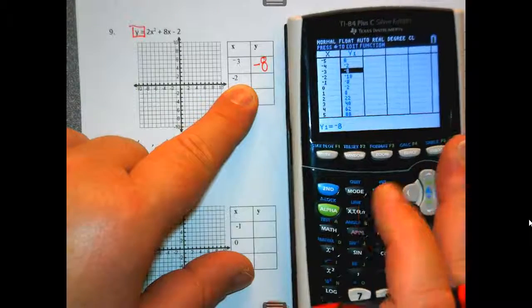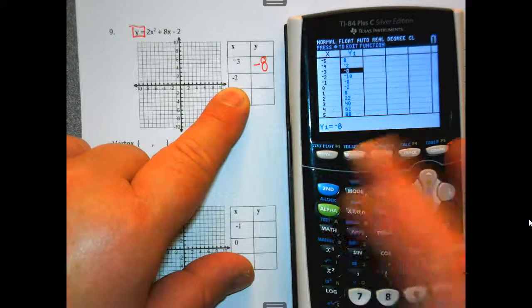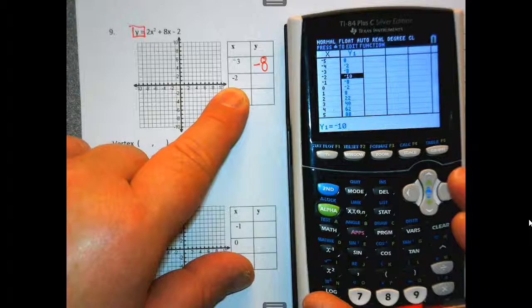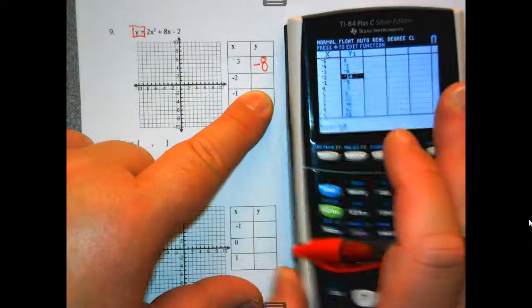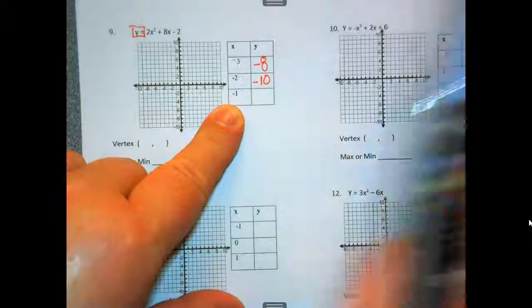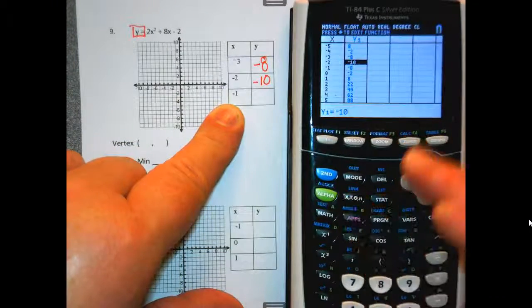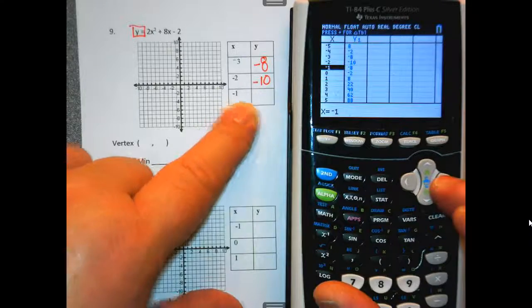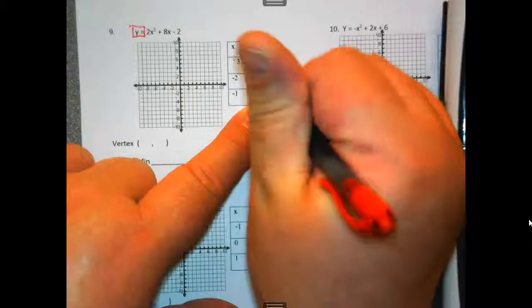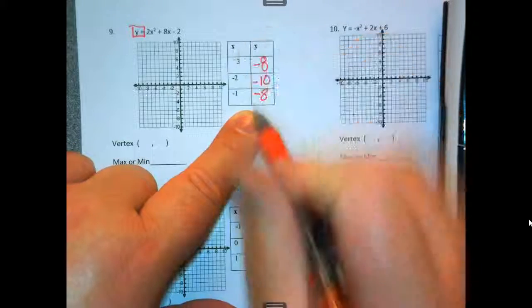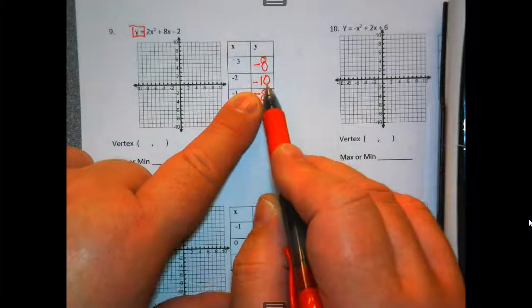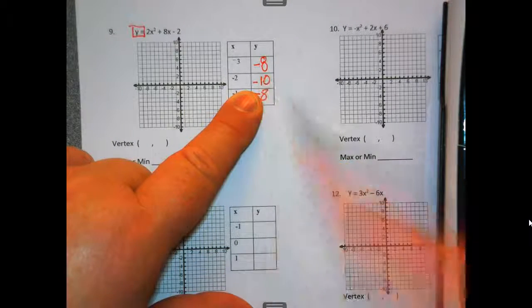When my x is -2, my y value is going to be -10. And when my x value is -1, my y value is going to be -8. And again, since my y values here are repeating, 99% of the time, this is going to be my vertex.